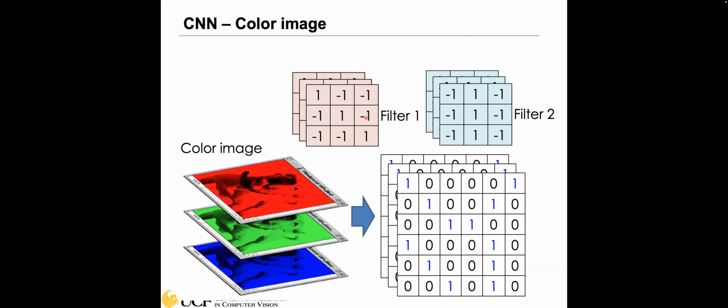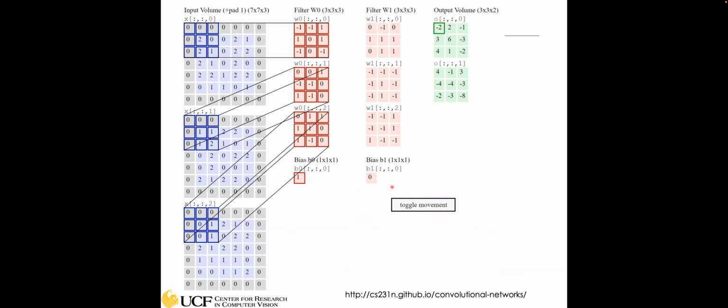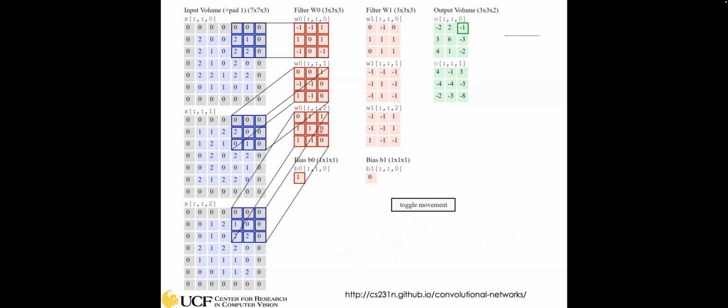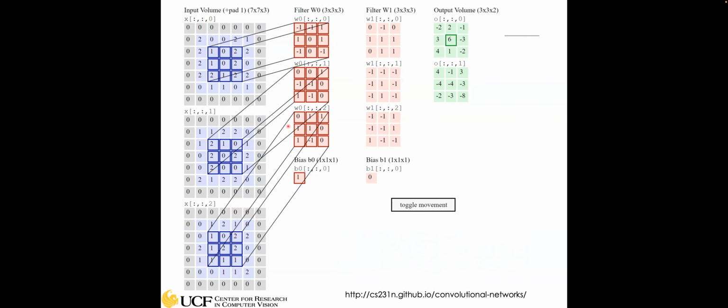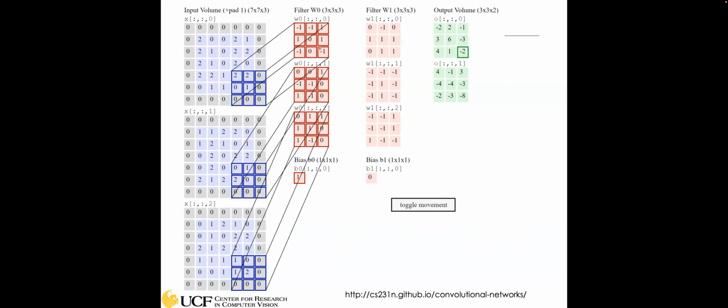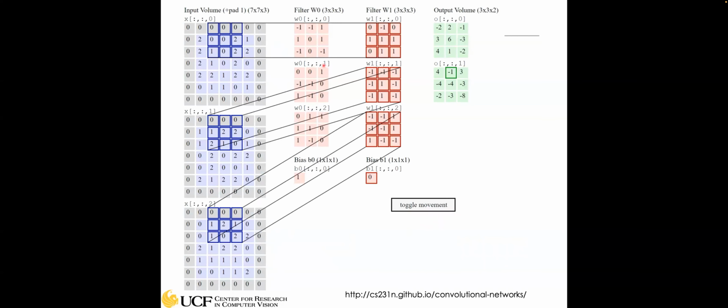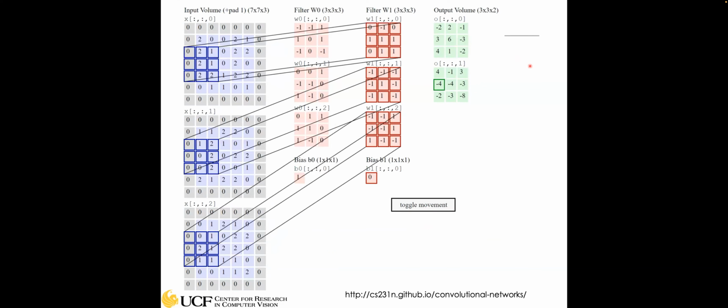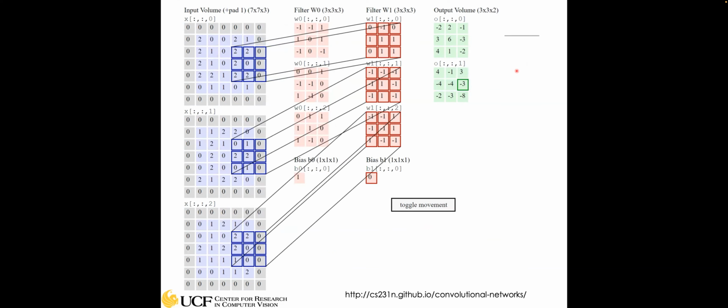So now we have a 3 by 3 spatial size, and also 3 channels for this filter. And the operation, doing the element-wise multiplication and summing them together, is going to be the same. This is a very nice animation of how filters process this kind of multi-channel input and kernel to generate the output.